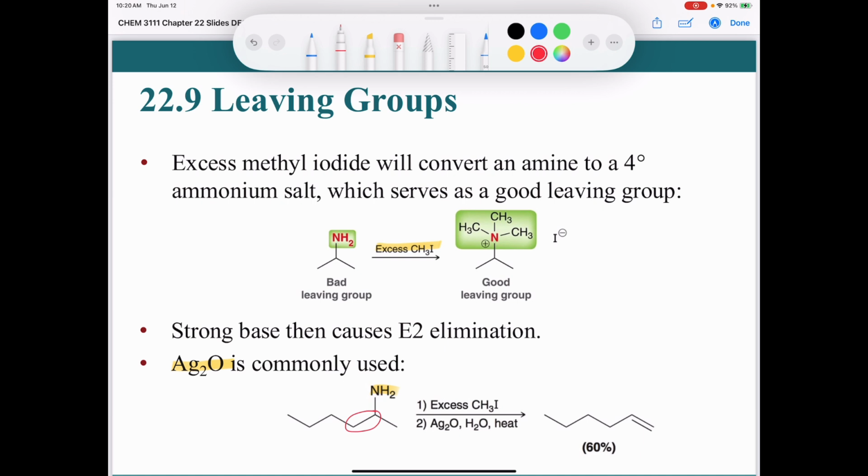If you were to eliminate here, you'd get the Zaitsev product, but we're eliminating here to get the Hofmann product. The first thing you would do is treat it with excess methyl iodide, and that would give you this intermediate. So you'd have all those methyl groups, and then you have your iodide like this, and then the silver oxide can do the elimination. So that affects the elimination and gives you the Hofmann product.